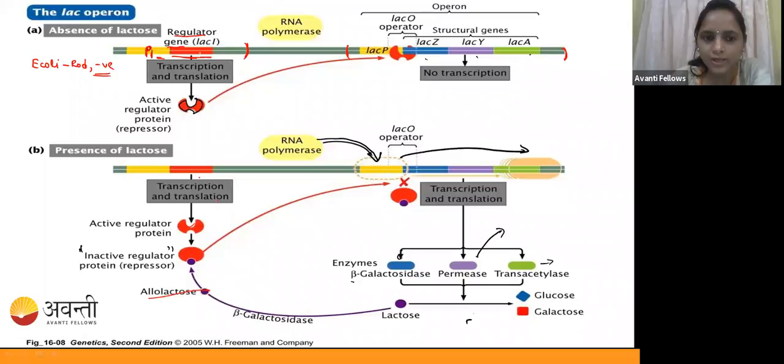So this is called a regulatory gene. It is going to code for the repressor protein, okay. You can see that it is the repressor, okay.